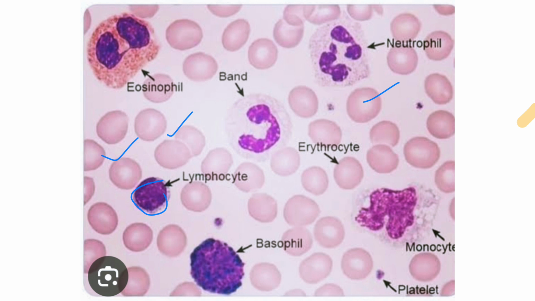Depending on the concentration of hemoglobin inside the red blood cell, if the concentration is normal, they are called normochromic, and if it is less than normal, they are called hypochromic. We can see microcytic hypochromic RBCs in iron deficiency anemia, and macrocytic normochromic RBCs in vitamin B12 deficiency, that is megaloblastic anemia. So this is about the red blood cells.